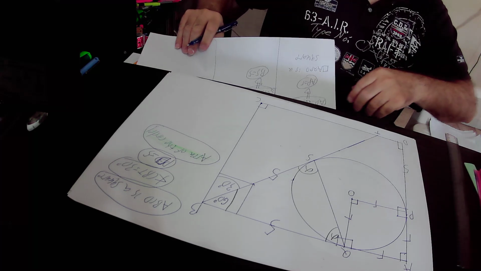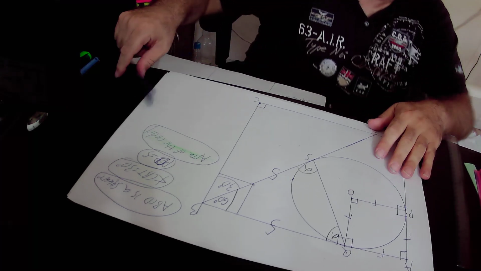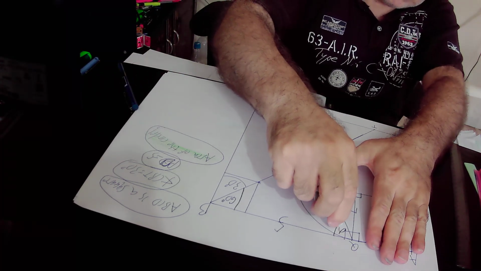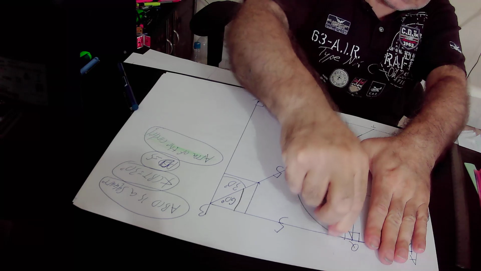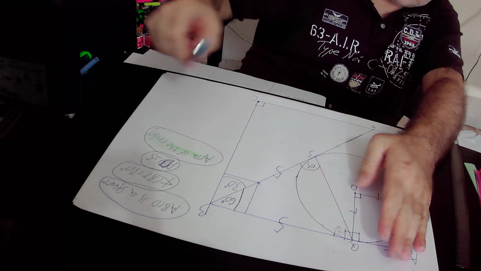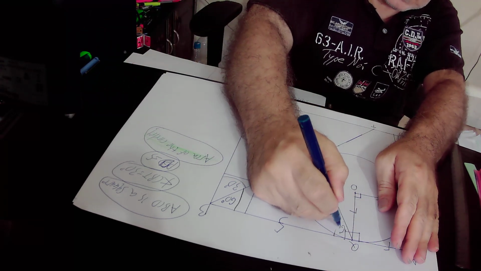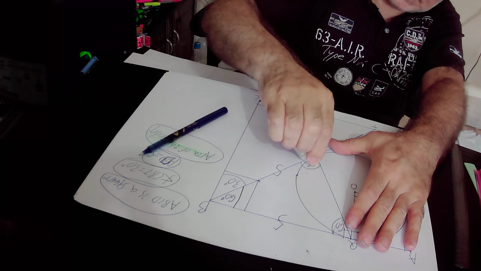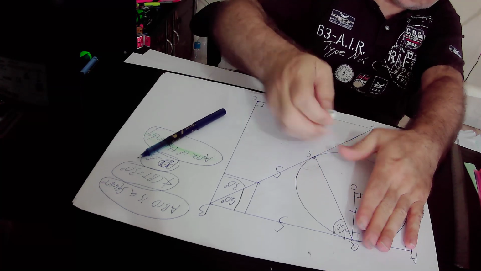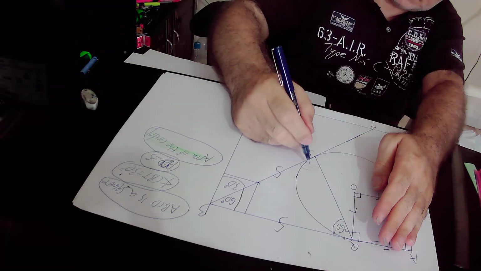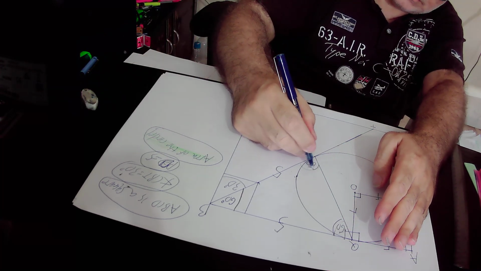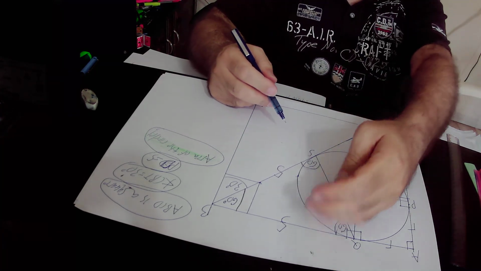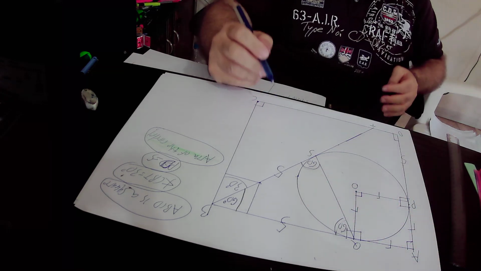So we found out that this angle alpha equals 60 degrees, and this angle alpha equals 60 degrees. Therefore, in triangle QBS, all the angles are equal to 60 degrees.